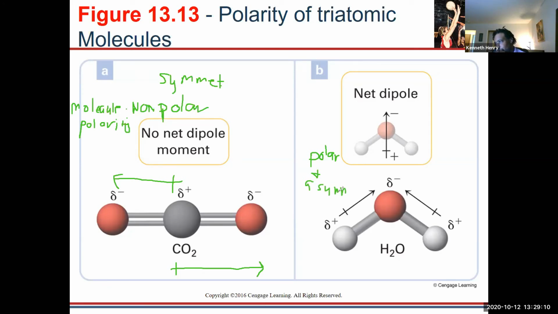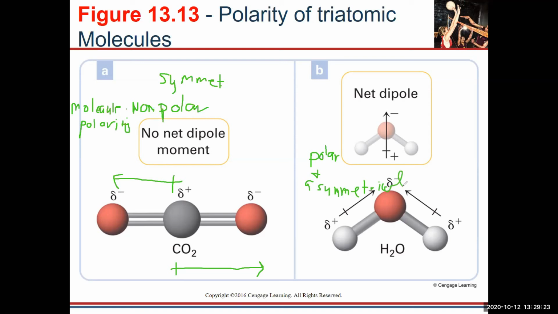Okay, piece of cake. Can you explain why it's polar asymmetrical again?